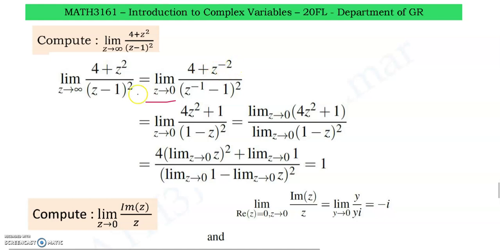For z you put 1 by z, so that z tends to 0, because 1 by 0 is infinity. That's why we are changing here. After that you simplify it, and then you substitute the limit z tends to 0 in the numerator and denominator, so that you find the value 1.